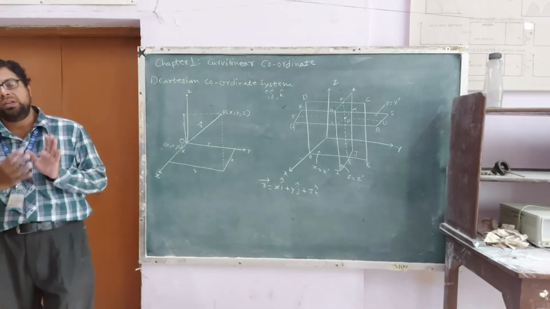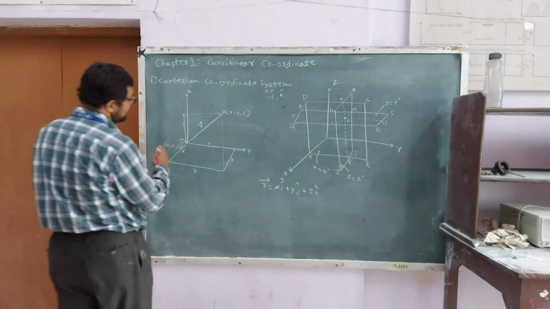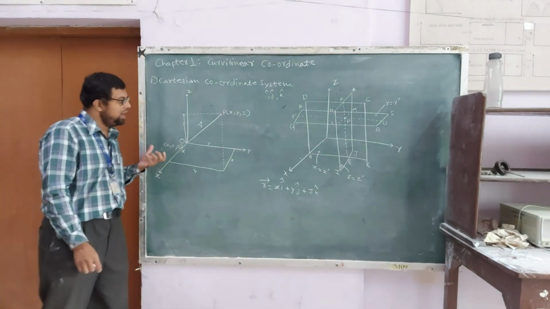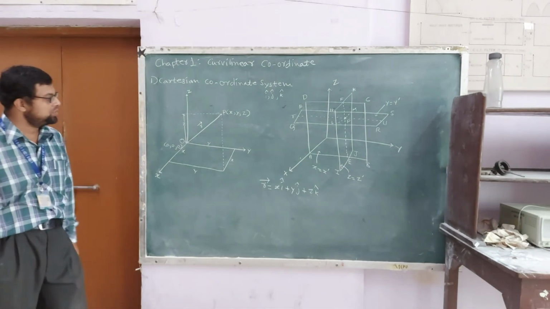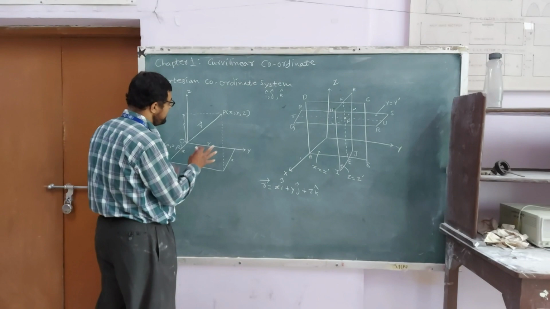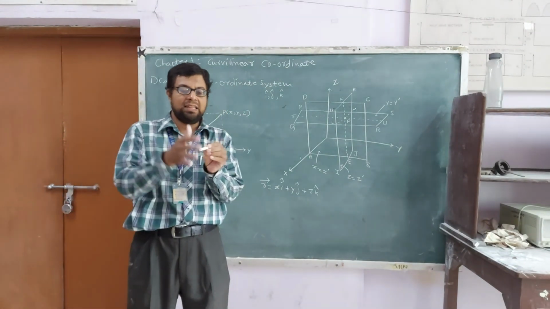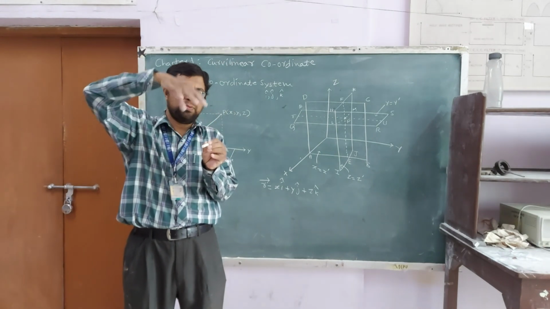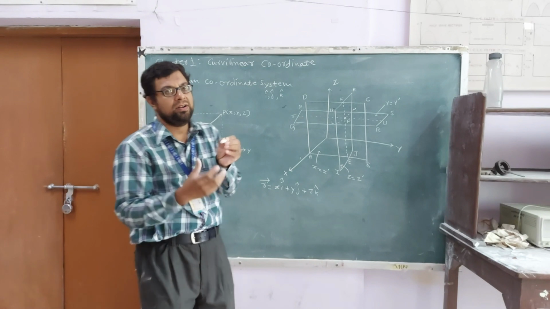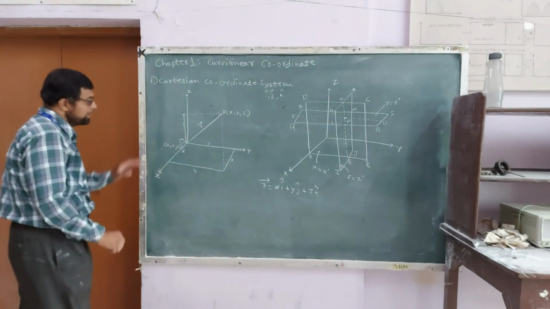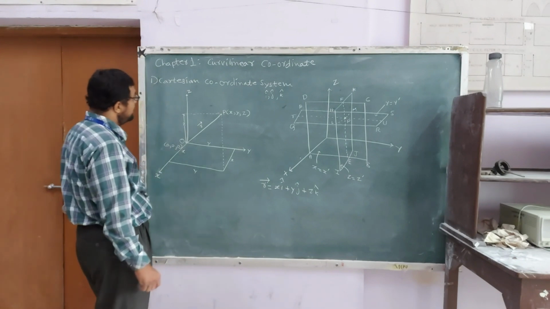If we consider 2 axes, they will have 4 quadrants, and if we have 3 axes, there will be 8 quadrants. Later on I will show it with the help of some software on the computer also. For the time being you have to understand that there are 3 perpendicular axes and they will make 8 quadrants. 4 quadrants will be above and 4 quadrants will be below. So this is what we have to consider in the Cartesian coordinate system basics.